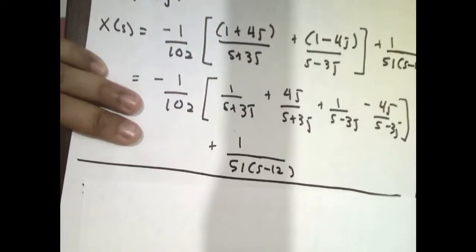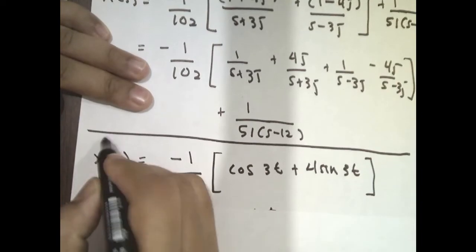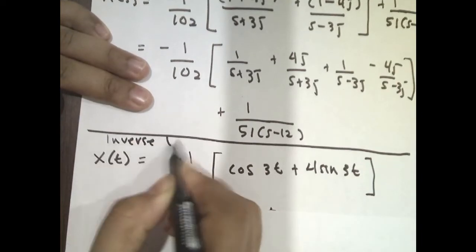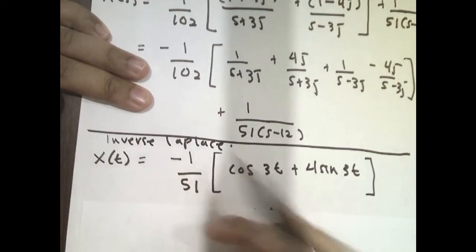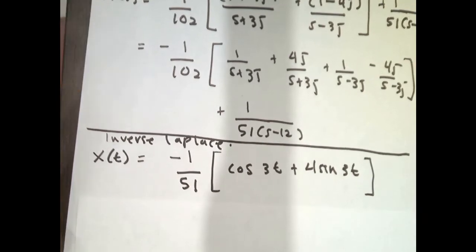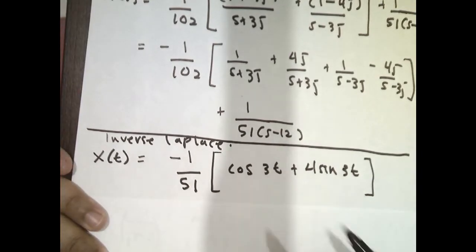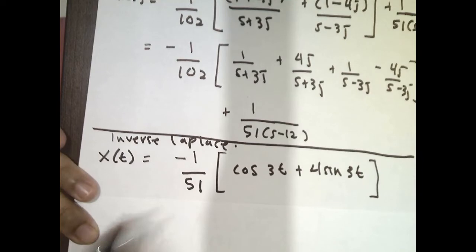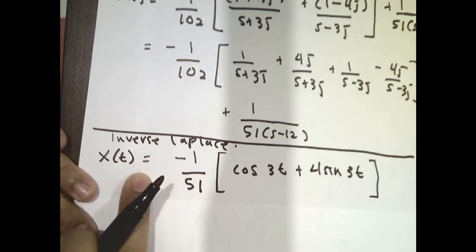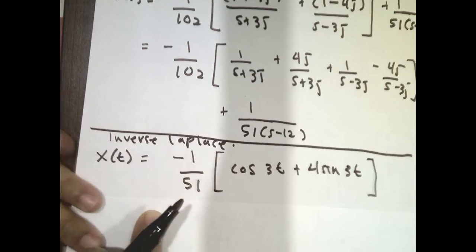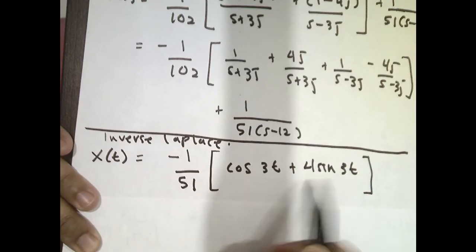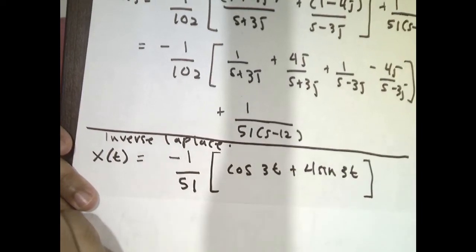And after I do the inverse Laplace to convert into T domain, you can see in table 3.1 you will get this equation. x(t) equals negative 1 over 51 (cos 3t plus 4 sin 3t).